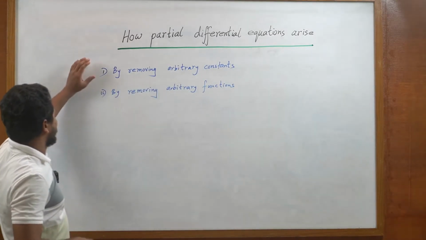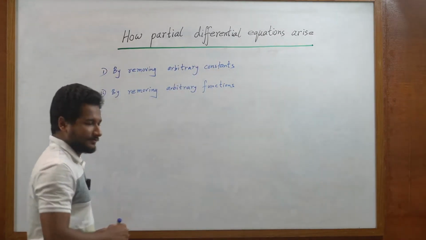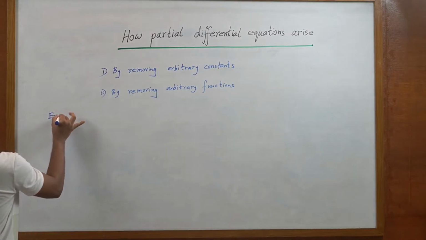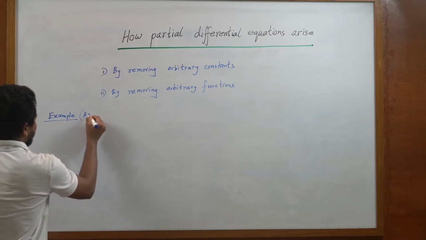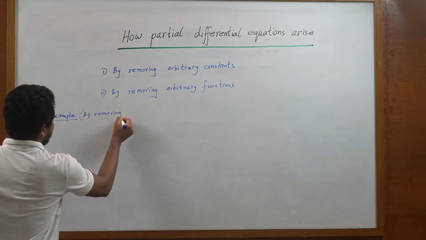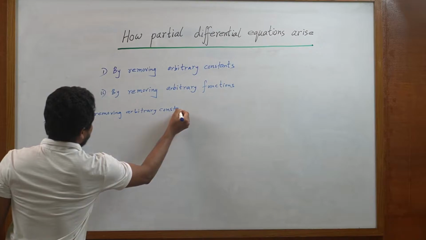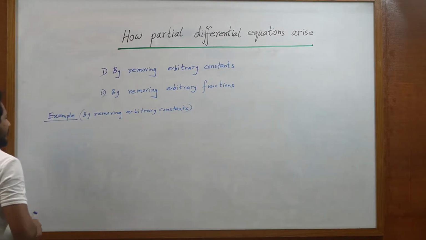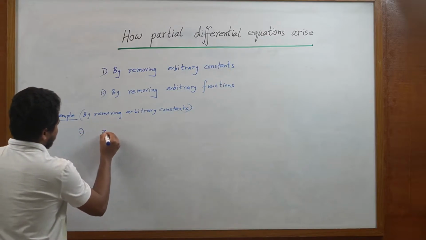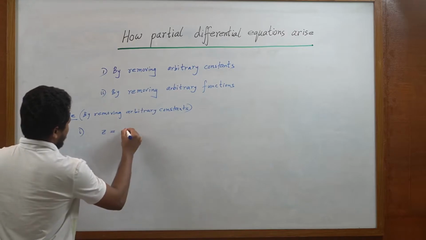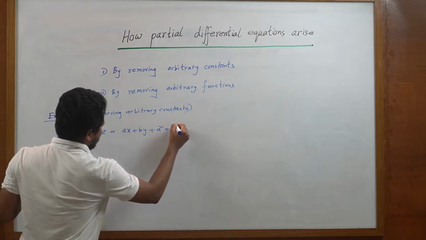Now let's take an example of removing arbitrary constants. Let's take an equation: z equals ax plus by plus a square plus b cube.